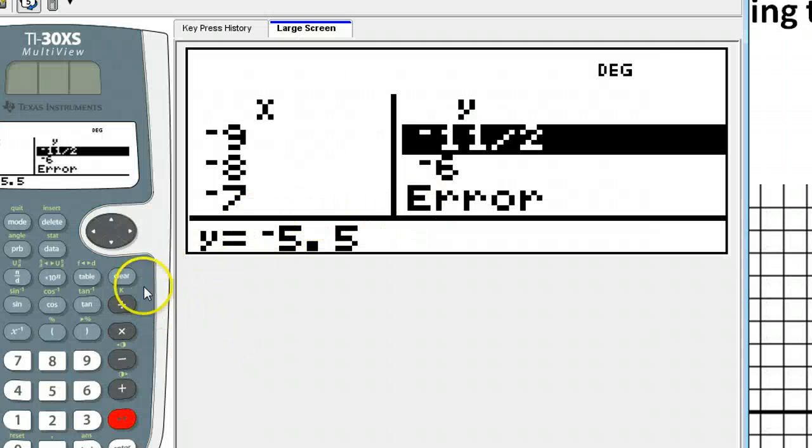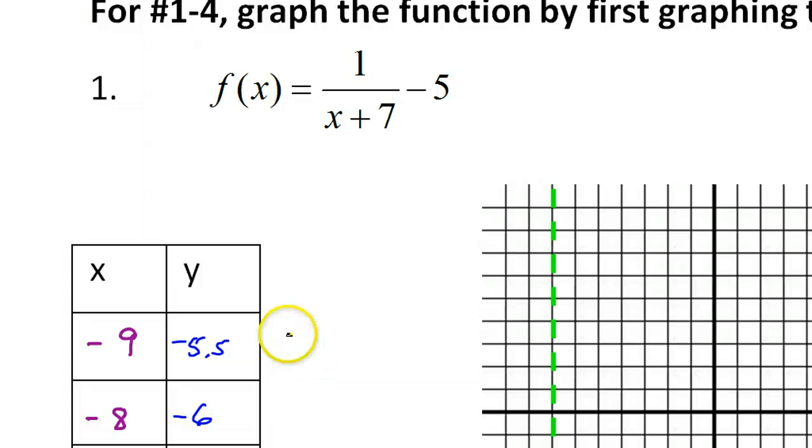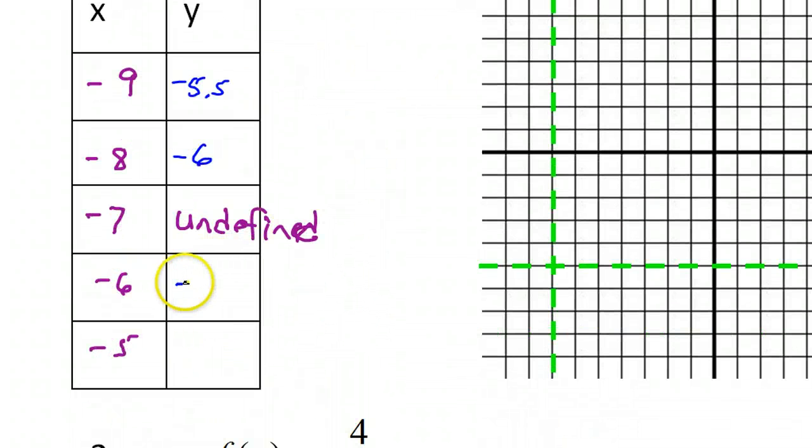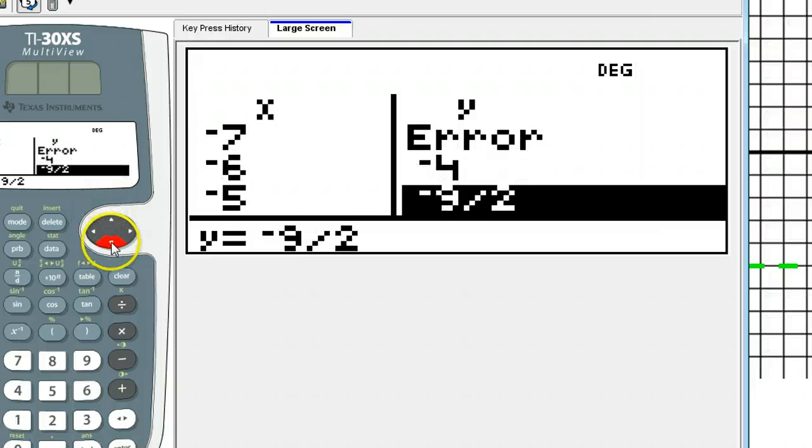Of course -7 is the asymptote. And then at -6 we have -4. And at -5 we have 9 over 2, which of course is the same thing as -4.5.